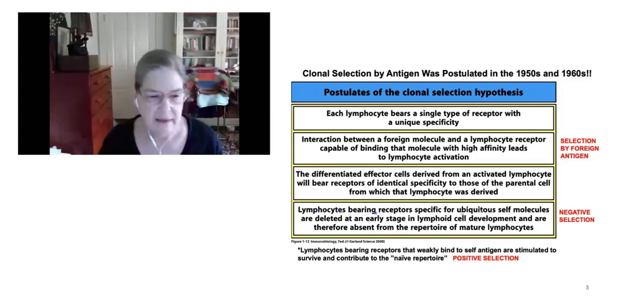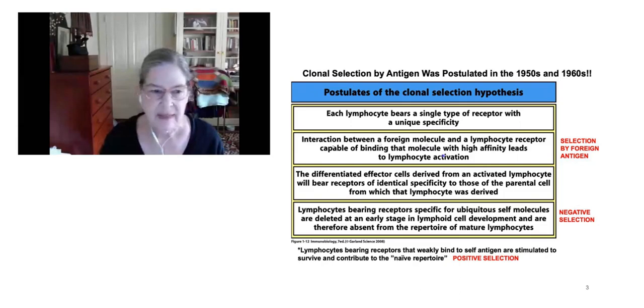And then lymphocytes that bind to self get negatively selected. And lymphocytes, to begin with, when you're talking about your original repertoire, lymphocytes bearing receptors that weakly bind to self are positively selected. So we'll be talking about that.